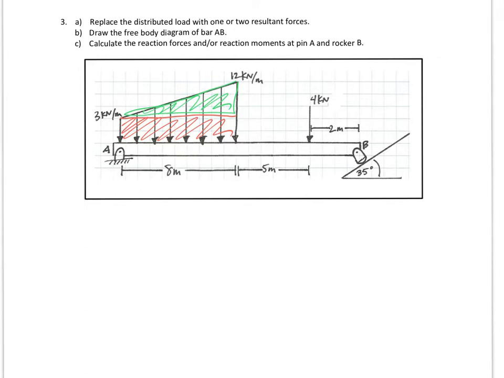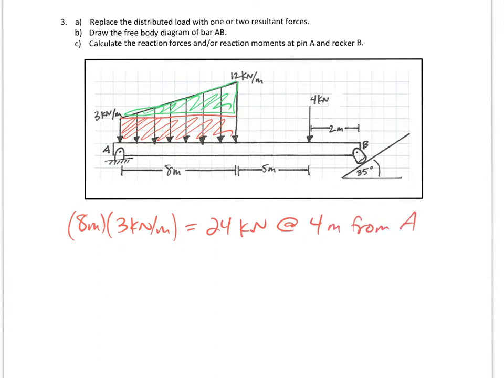The area of a rectangle is base times height, base of 8 meters, height of 3 kilonewtons per meter. So we can replace that with a 24 kilonewton force, and that's going to be right at the middle, 4 meters from A.